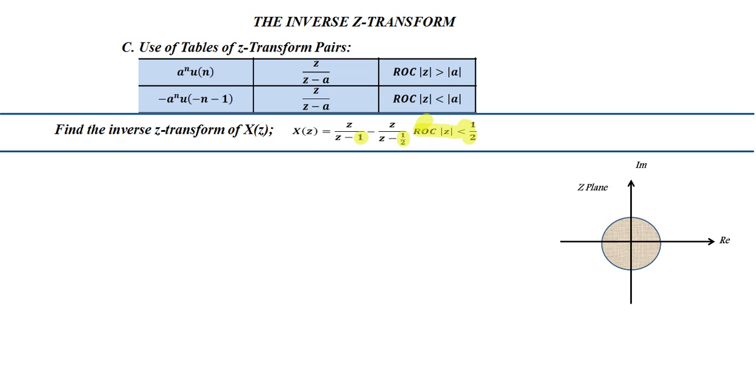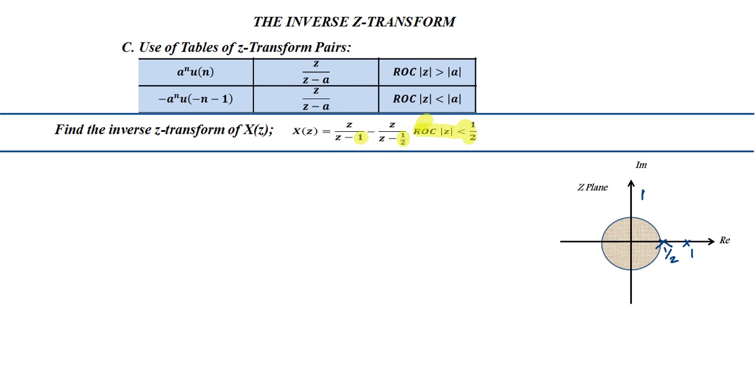So in the ROC you can mark z is equal to 1 by 2 and z is equal to 1, and it is given that modulus of z is less than 1 by 2. So modulus of z less than 1 by 2 means the circle, and inside the circle, less than 1 by 2. So this is the ROC of the signal.